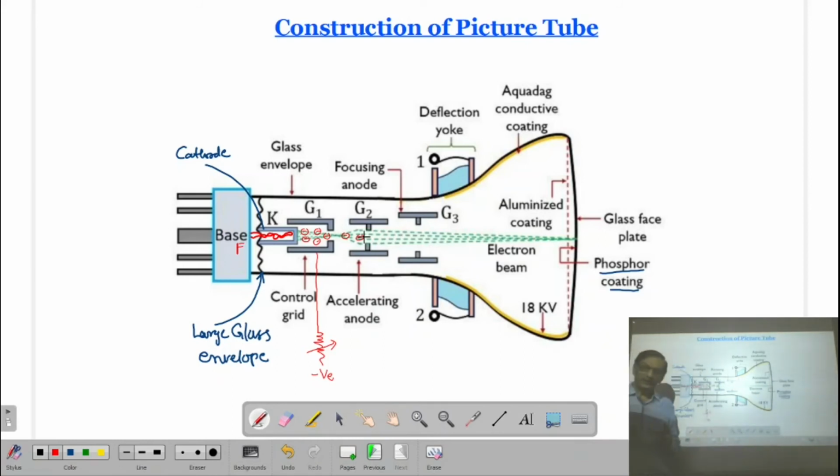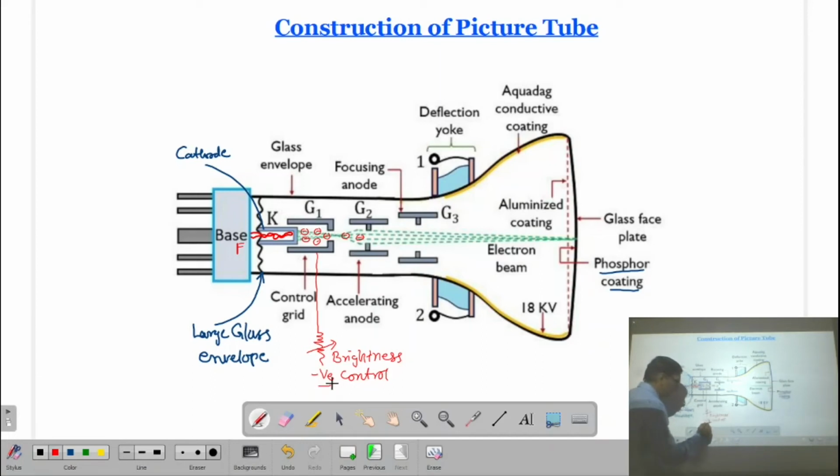So if you want a bright light, then a larger number of electrons has to be incident. For less brightness, fewer electrons are required. So in a television we have a brightness control. And what does this brightness control mean? Whatever voltage we are changing here is your brightness control.